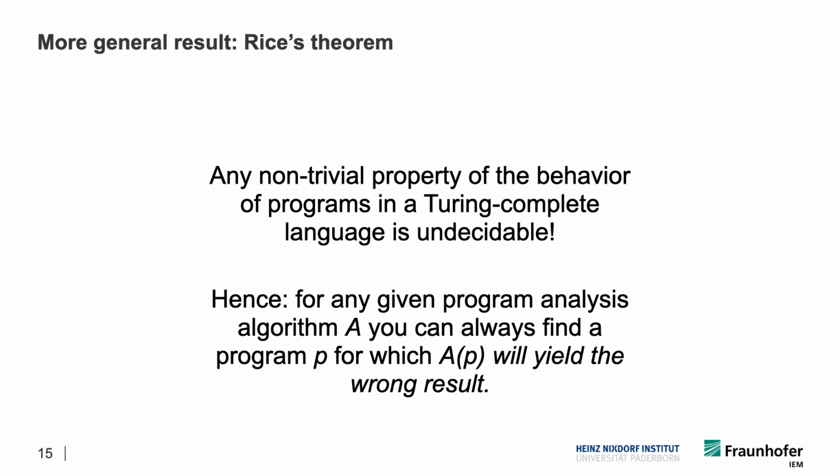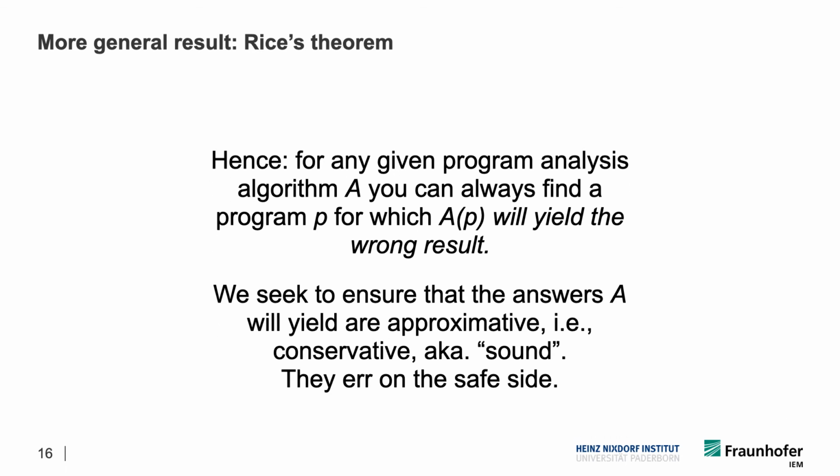But as I already said, that also makes it interesting. And so we seek to ensure that the answers that the analysis will yield are at least approximative. That means, in other terms, they are sound. And when we say that, we mean that the analysis will rather err on the safe side.